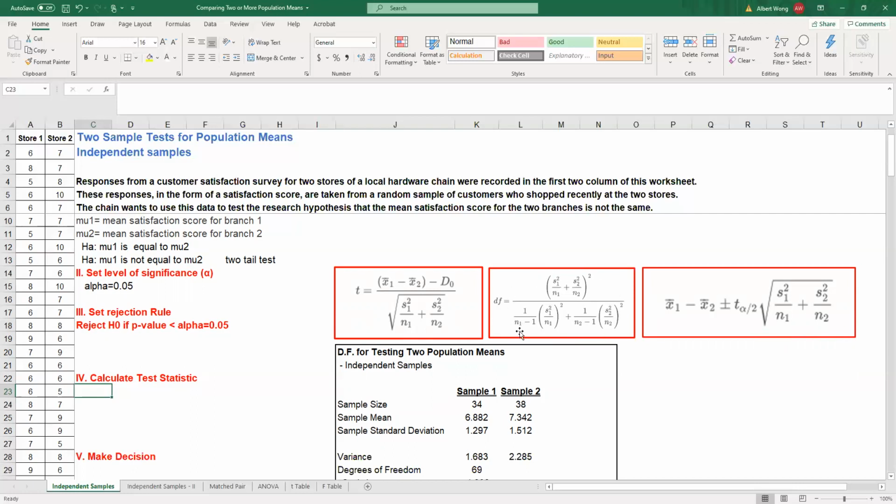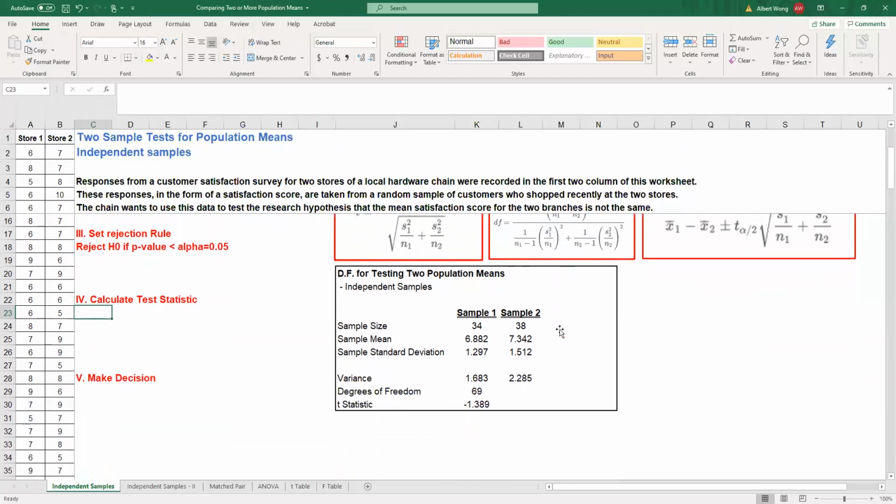The thing that does not show here is that after we calculate this, it is likely to be a number that is not an integer. If it's not an integer, the proper calculation is that we would round it down, right? So if you have 60.5, then the degree of freedom that you should use is actually 60. We should always round this down.